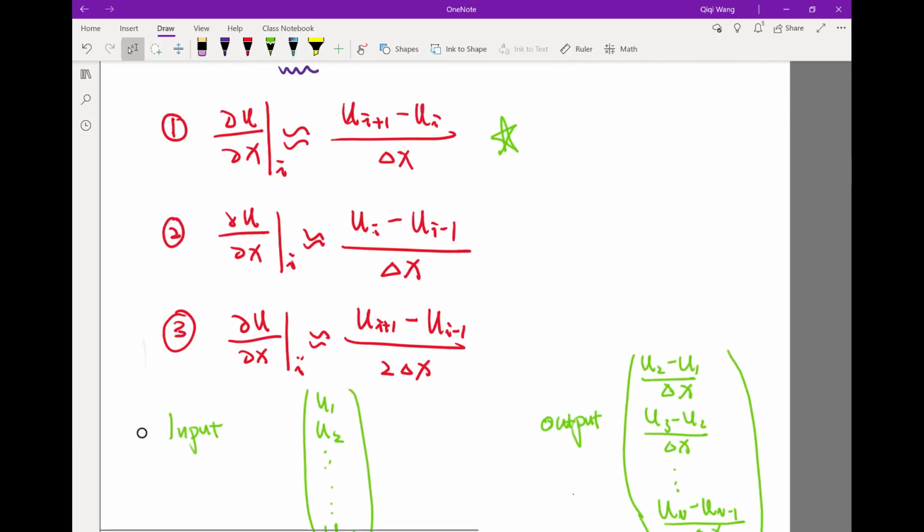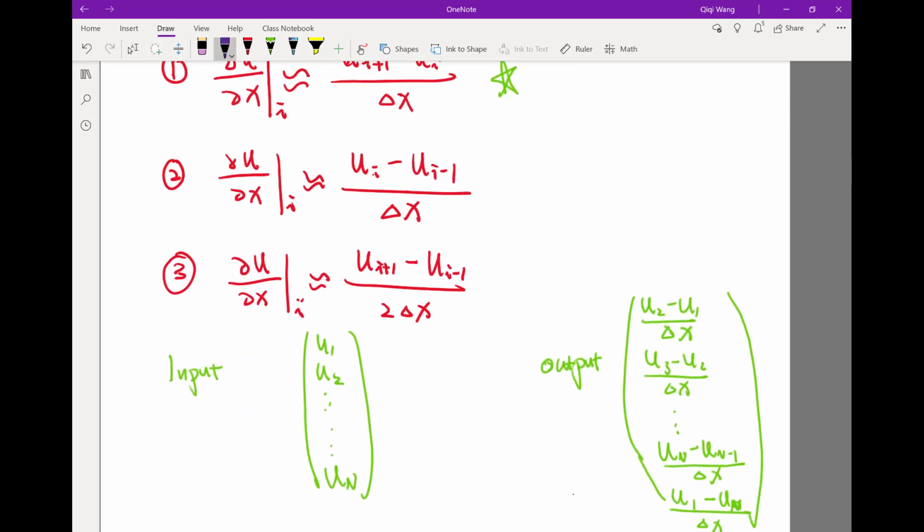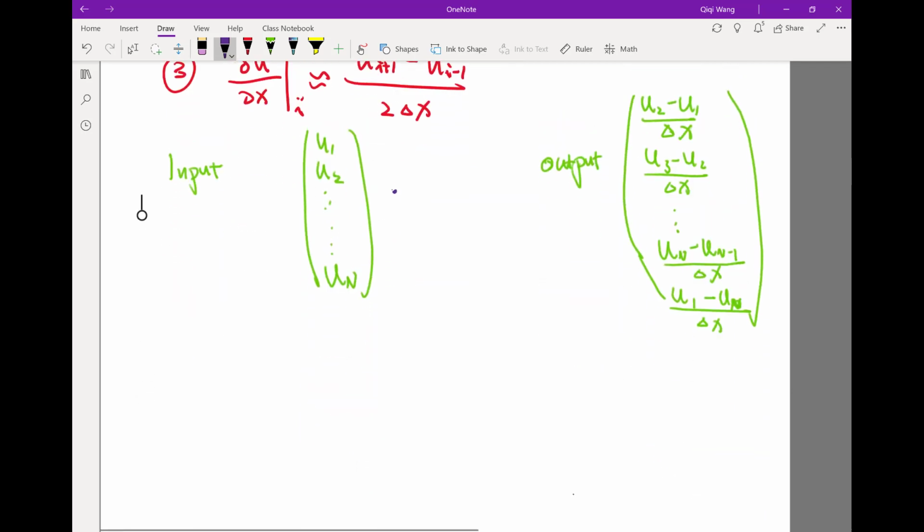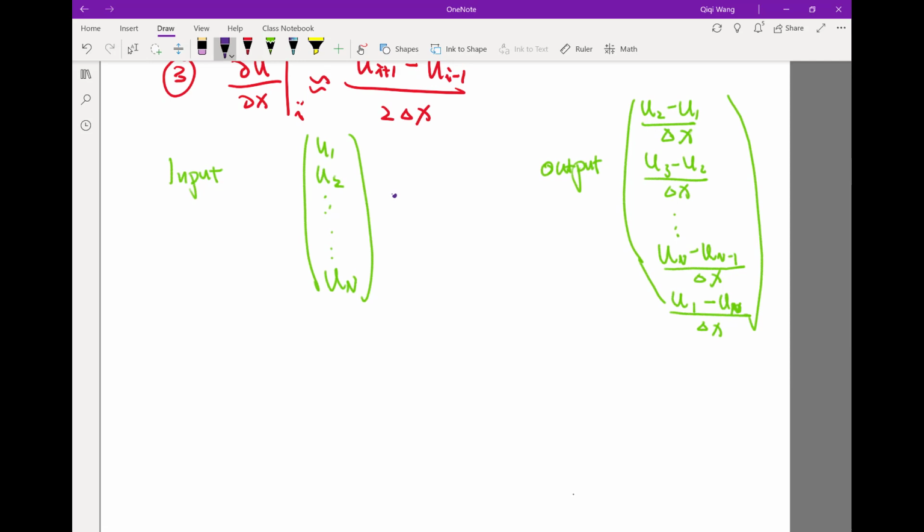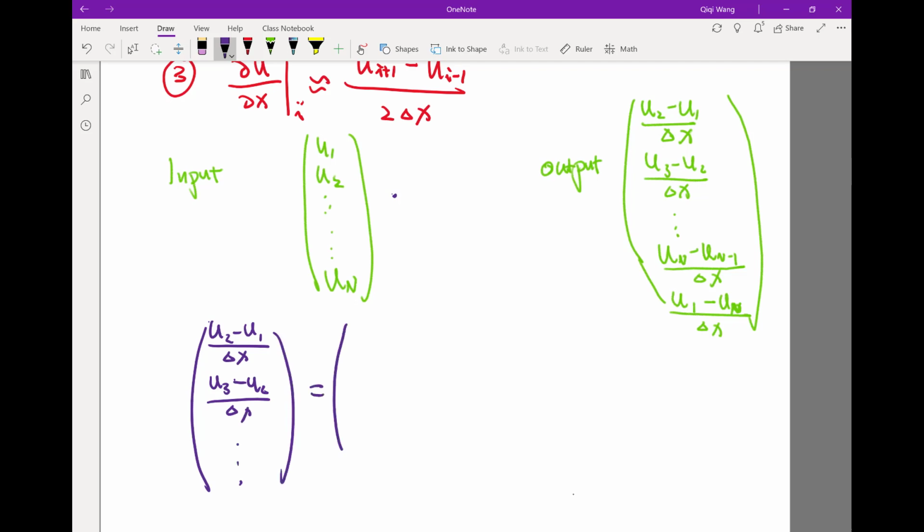So being able to represent these in matrix form is going to be very useful. So let's try. I'm going to write down my output, u2 minus u1 divided by delta x, u3 minus u2 divided by delta x, etc. How can I write it as a matrix times the vector of u1, u2, etc. to un?